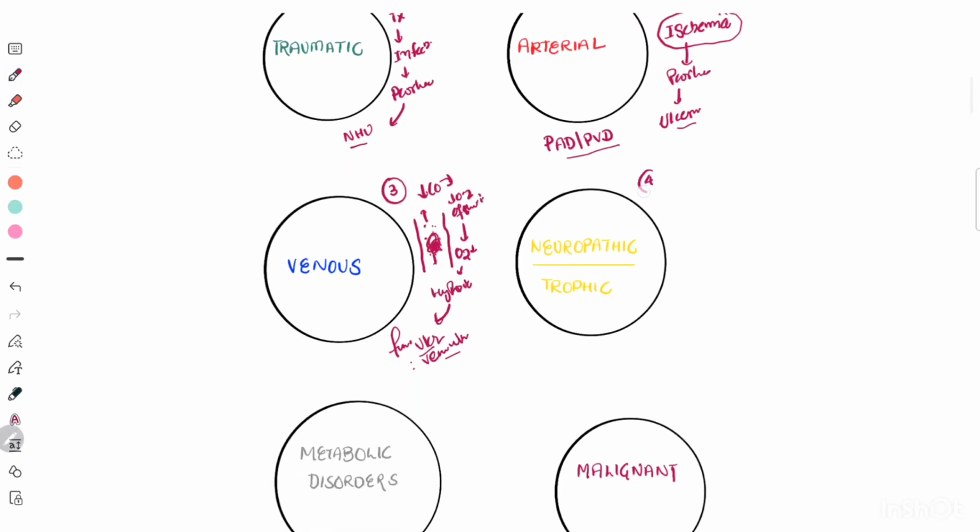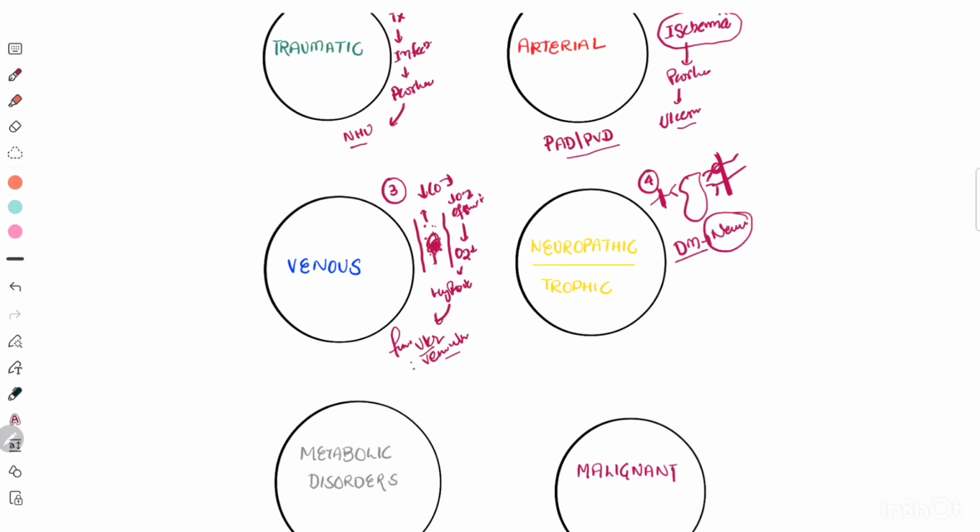Fourth cause can be if the nerves supplying a tissue are not working due to nerve injury or some other cause like in diabetes mellitus, due to the neuropathy.